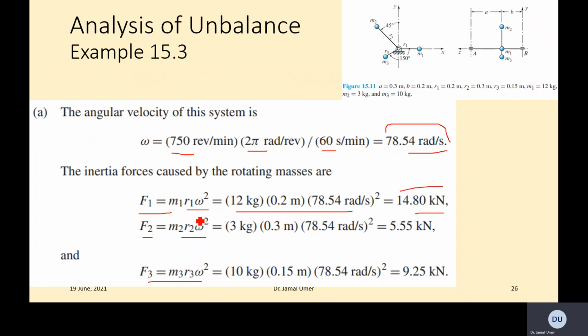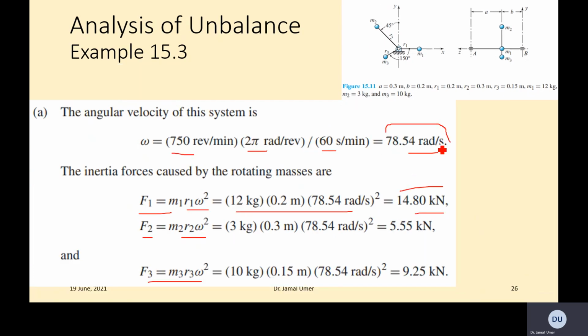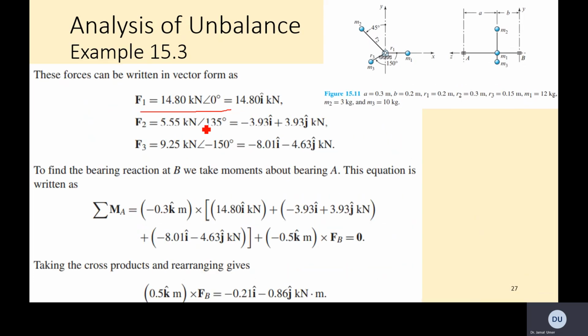So same thing. We have three reaction forces, three inertia forces are there. Now the next step is the part A reaction forces. So first of all, you need to work out what are the vectors basically. So you got the unit 14.80, which has zero angle.